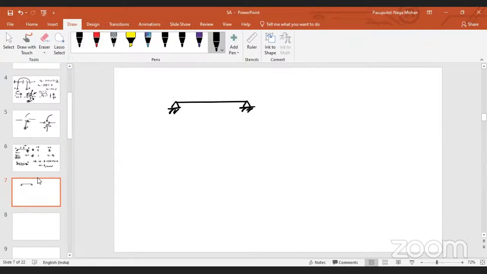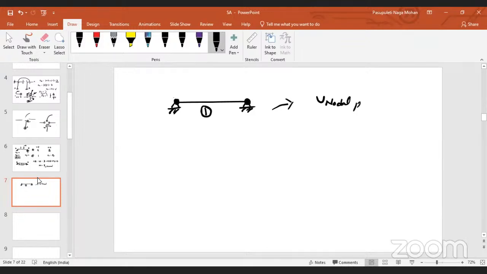Okay, now what happens is that in finite element, let us say I am considering this as one entire element. These are the joints of the element, which we will call nodal points. Whatever displacements we find out, we find at the nodal points only.